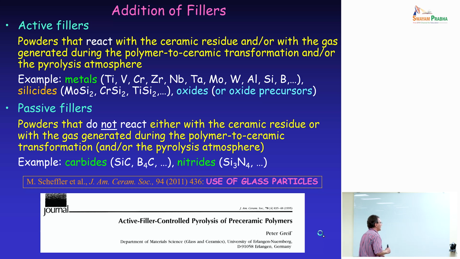But you can also add what are called active fillers. These are called active fillers because they react either with the preceramic polymer itself or more often with the decomposition products of the preceramic polymer. And Professor Peter Greil from Erlangen University is the one that started this branch of the field. He realized that if you add metallic particles to your preceramic polymer, during pyrolysis, these metallic particles will convert to carbides.